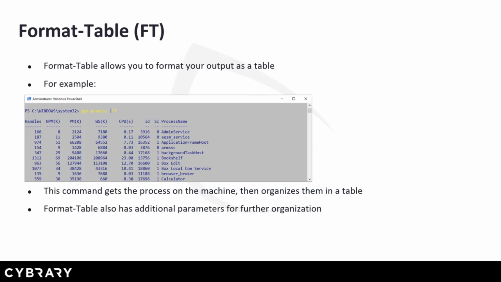Now, Format-Table also has some additional parameters for further organization that you can use. Again, those are beyond this video, but that is something you could look into. Another thing with Format-Table, just like Format-List, if you do FT instead of the full Format-Table, that will also work.